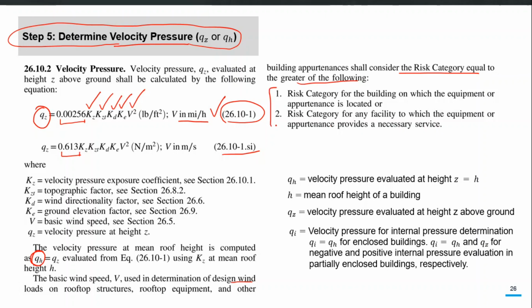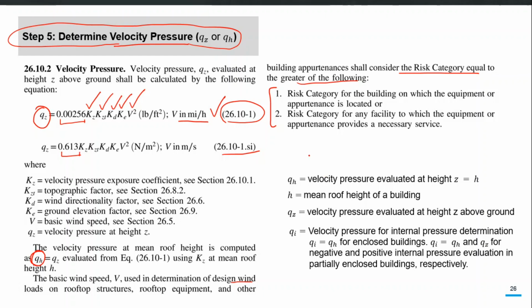So for those buildings which have some special feature, some specific equipment or function, we have to provide the greater risk category, the greater of these two: the risk category of the building itself, and the risk category of the facility to which that equipment provides the service.